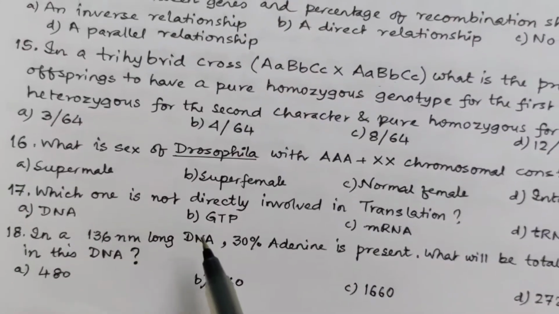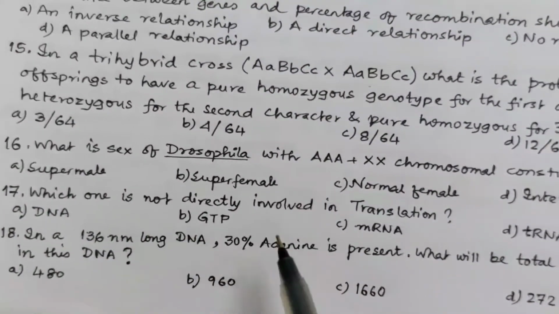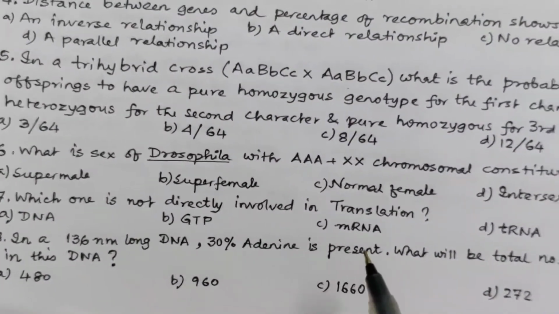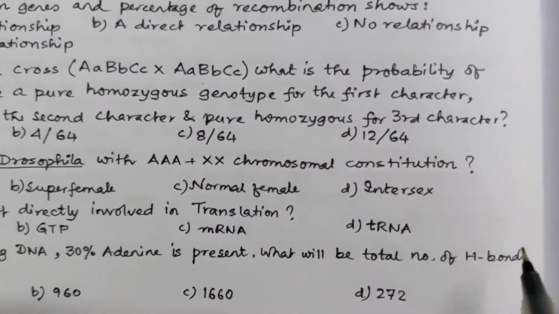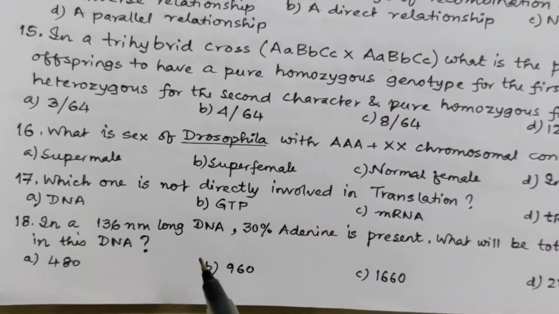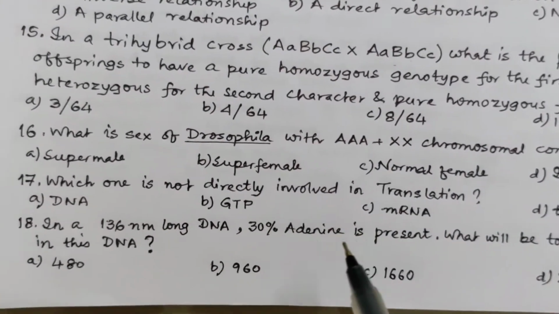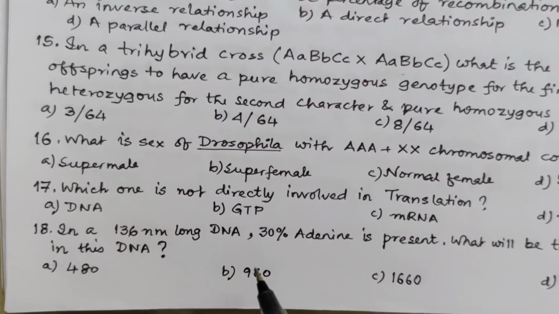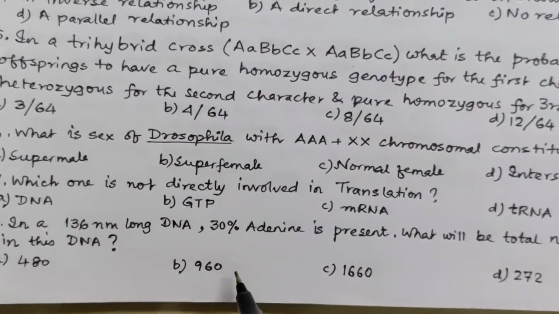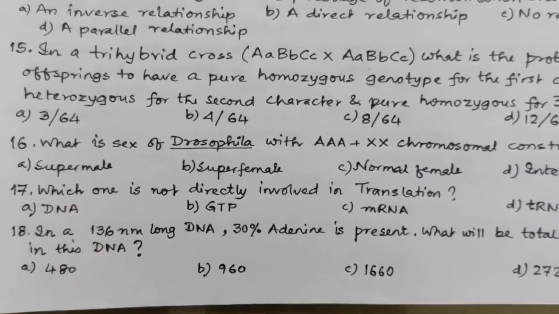In a 136 nanometer long DNA, 30% adenine is present. What will be the total number of hydrogen bonds in this DNA? 30% adenine. So you have to calculate it. You will find it 960.